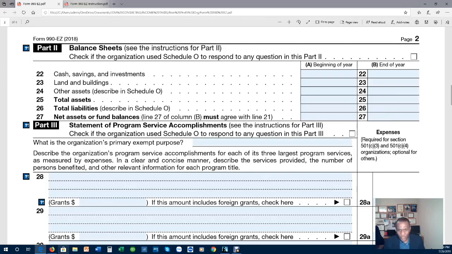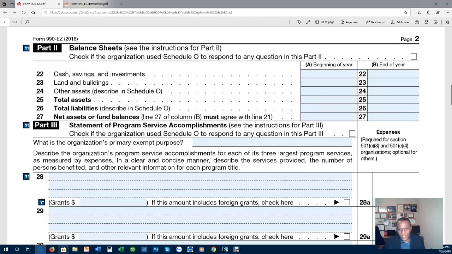As far as what is the organization's primary exempt purpose and expenses, required for section 501(c)(3) and 501(c)(4) organizations, optional for others. So the expenses are required for organizations that are under 501(c)(3) and 501(c)(4), but it is optional for other organizations.